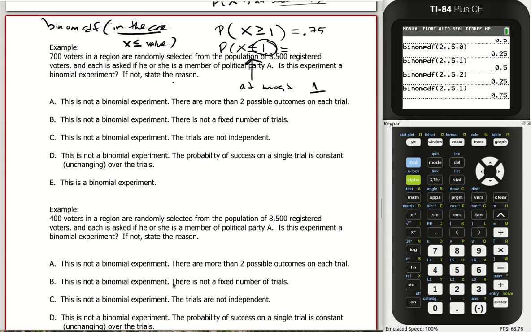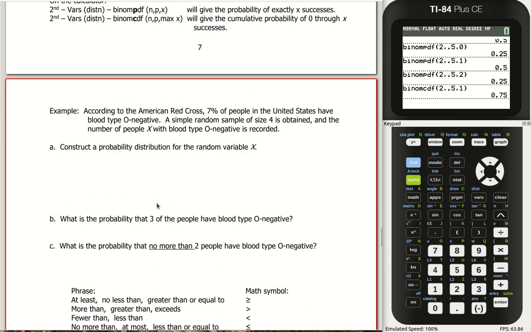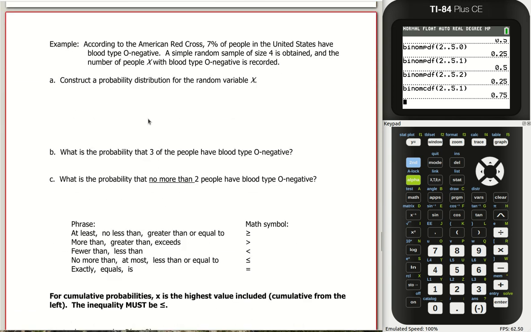And so why don't we see an actual calculation of something. Here we could see one that's a little bit different. We've got 7% of people in the United States have type O negative blood. We take a simple random sample of size 4, and we're going to record the number of people that have that blood type.